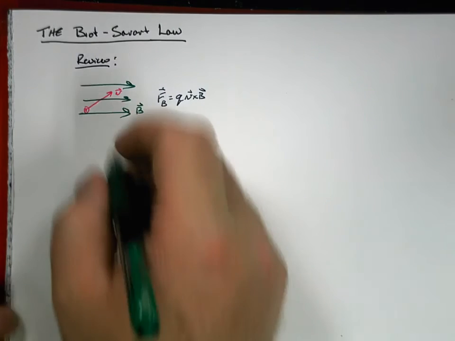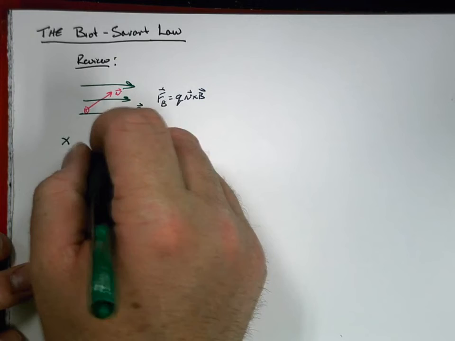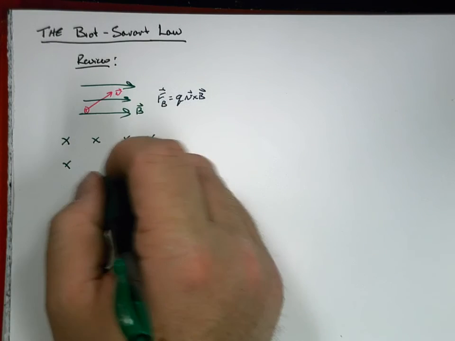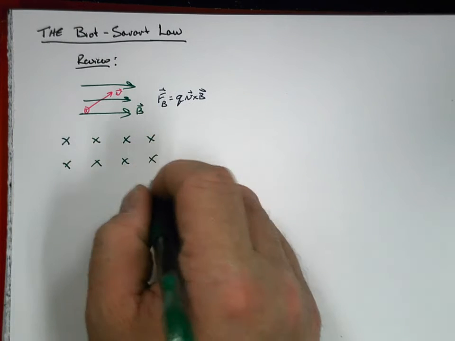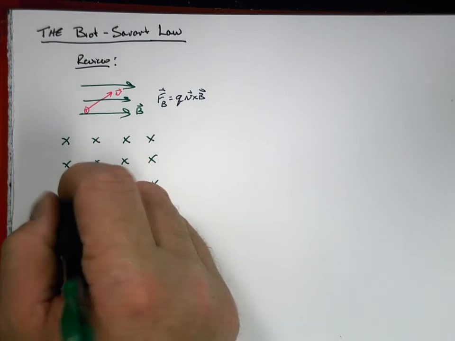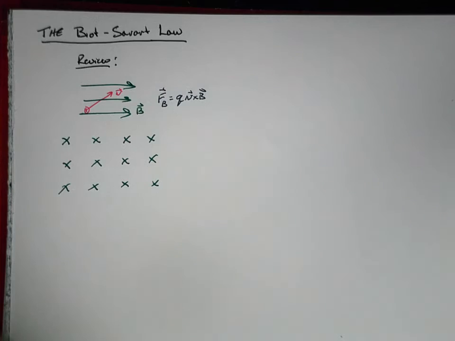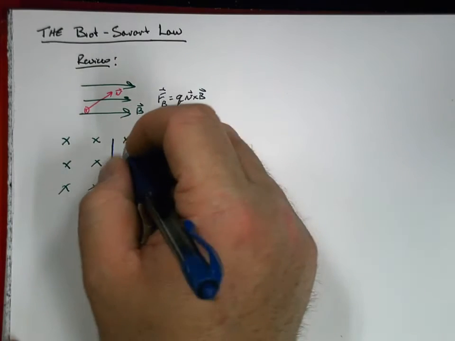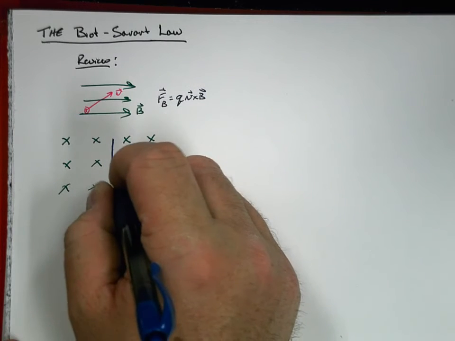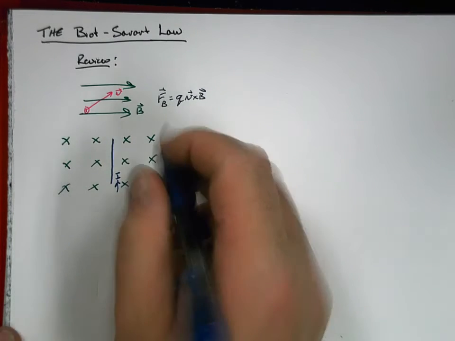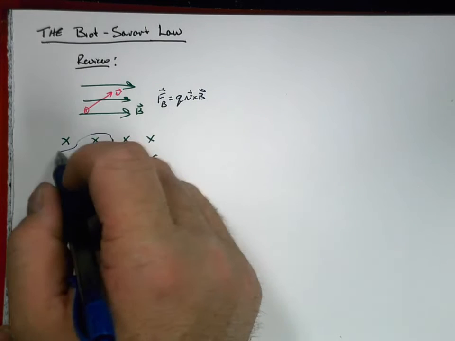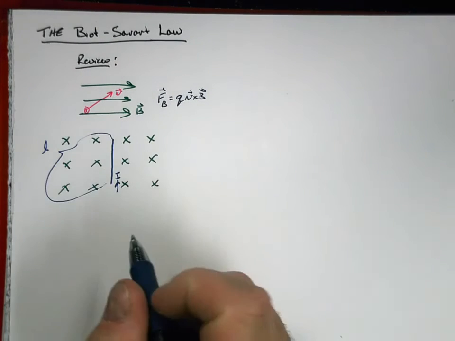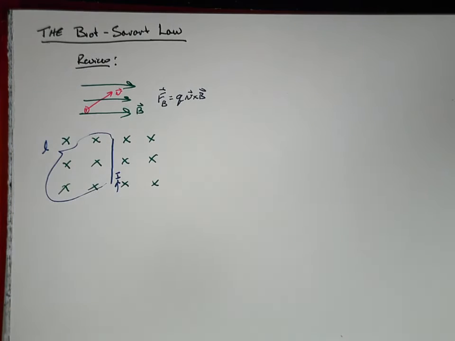Then we have a different magnetic field, and we'll turn this one and put it on end. Through our magnetic field, we have a wire with a current going through it. This distance here, we'll consider a length L, and this gives us a force.